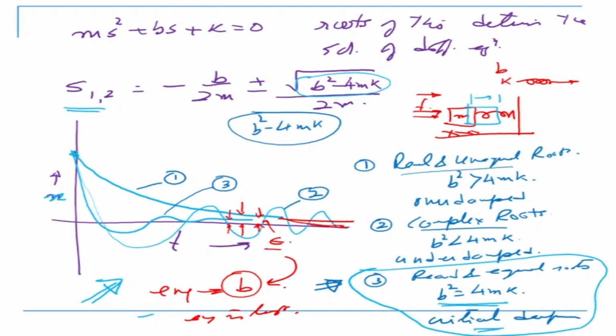So much about the behavior of this system. So far we did not put in a forcing function. We said that we are going to push the mass and leave it. Now suppose we want to control the position of this mass.